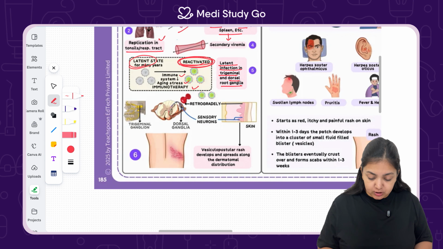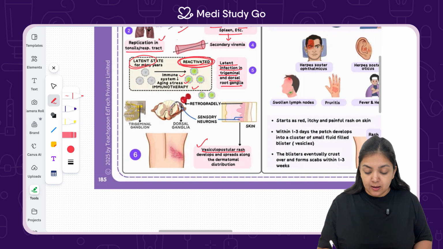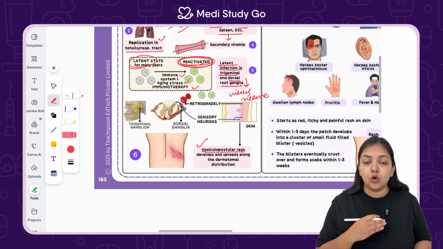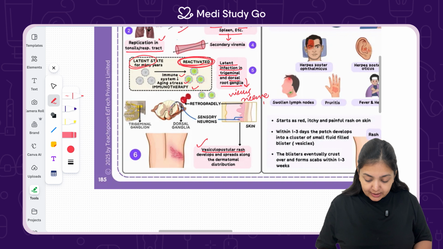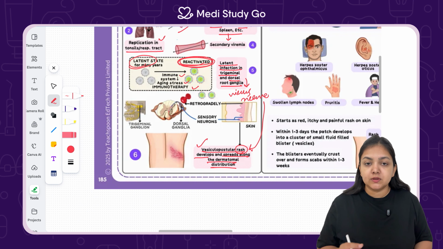This reactivation leads to the creation of vesiculopustular rash, because the virus travels along the sensory nerve it is affecting, and it goes on affecting the whole of the skin above that nerve and leads to the formation of the rash, which develops and spreads along the dermatomal distribution. Wherever the nerve is going to supply, the rash is going to be present. So this is how the pathophysiology of reactivation happens and the herpes zoster infection occurs.